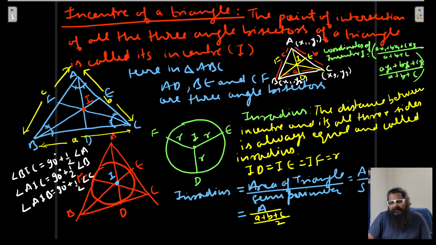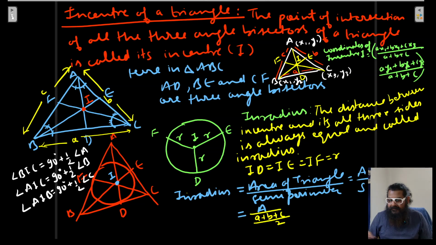As we have seen the centroid and incenter, two more important centers are still left, which are the circumcenter and orthocenter. In the next session we will take the circumcenter, and after that we will take the orthocenter.